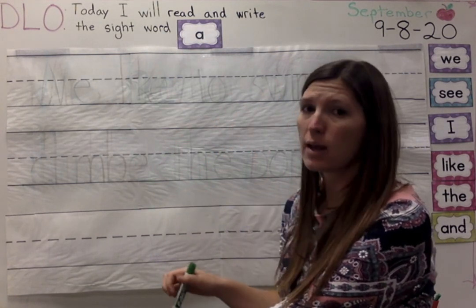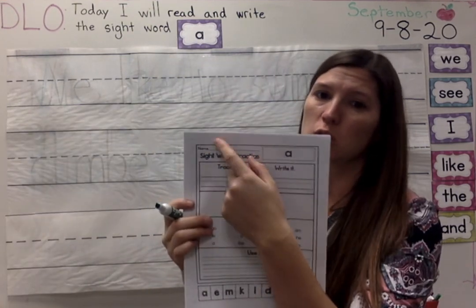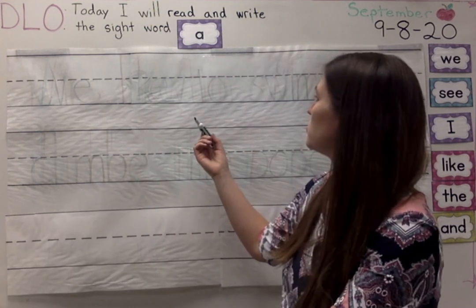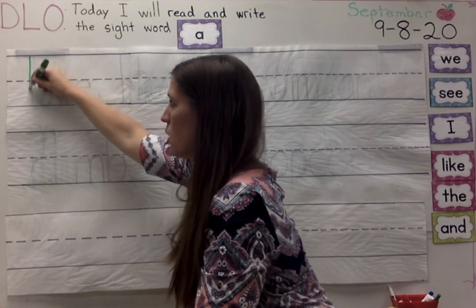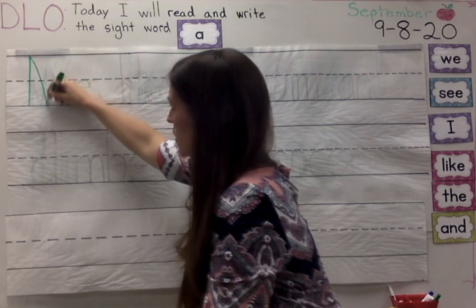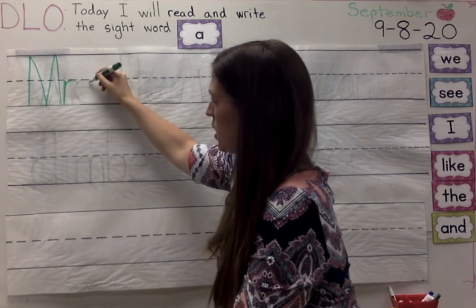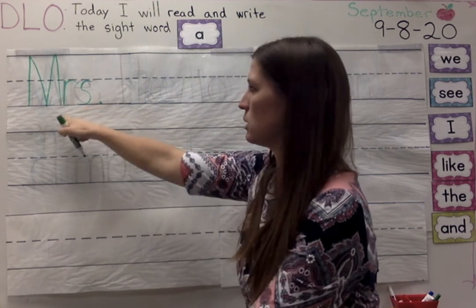First, I need to write my name, because on your worksheet, you will need to write your name. My name is Mrs. Hawkins. I start at the top, on the left. M-R-S. I need to write a period because it's an abbreviation.